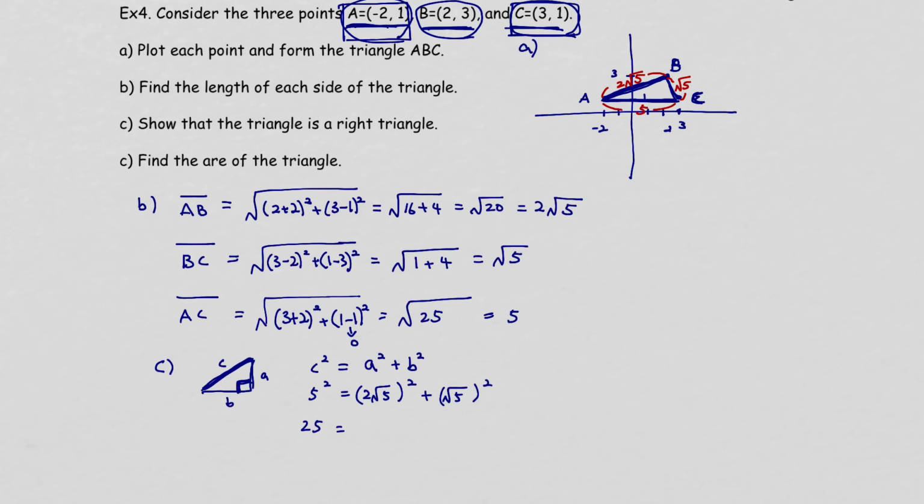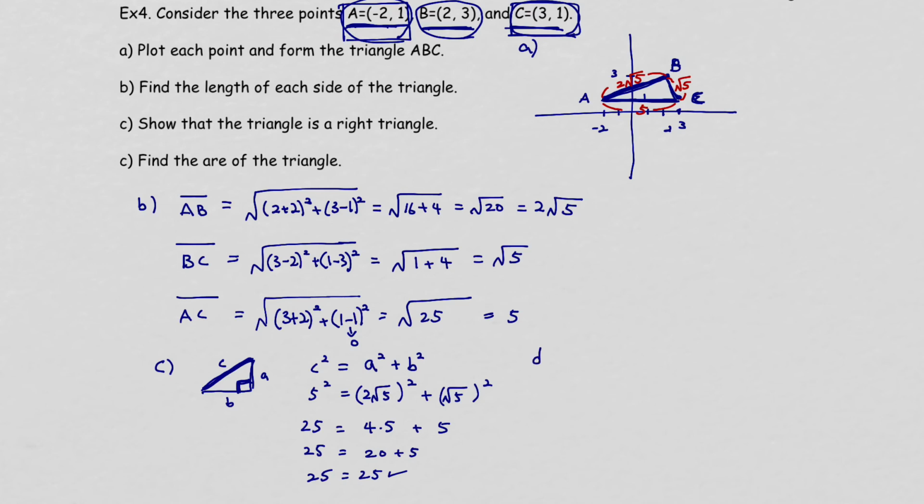Let's see, 2 squared is 4 times 5, and that's 5, which is 4 times 5 is 20 plus 5, that is 25. So this means it satisfies the Pythagorean theorem. So yes, this is going to be a right triangle, right?